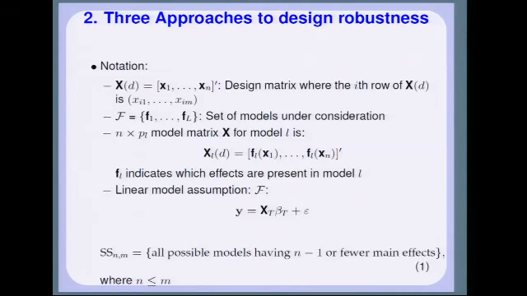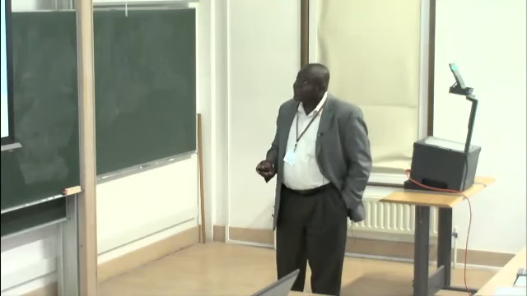The model matrix is comprised of the actual effects present in the model, while the design matrix is comprised of the main effects. We're also going to consider the linear model assumption here. We have a notation for a set of models, each having n minus 1 or fewer main effects, where n is the number of runs and m is the number of main effects.